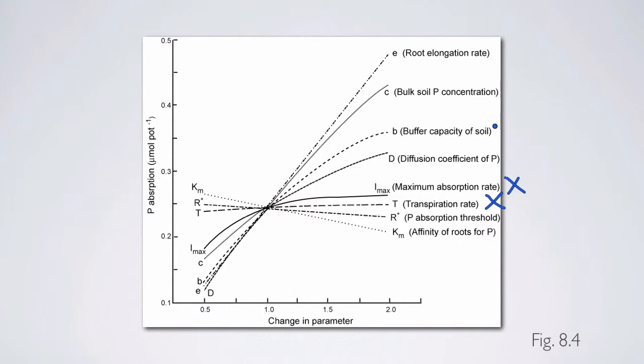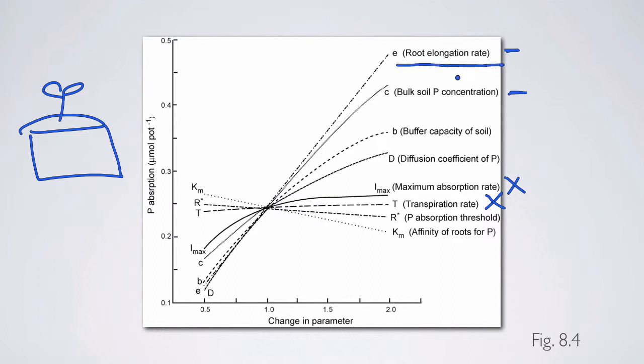And then you have two different things in the middle, and it's really, in this case, root elongation rate and soil P concentrations that really determine most of the phosphorus absorption for this situation where you had a plant growing in a pot. Now, we talked about what root elongation actually does.